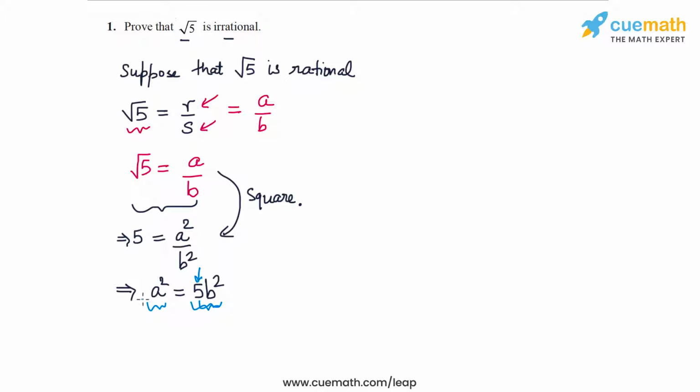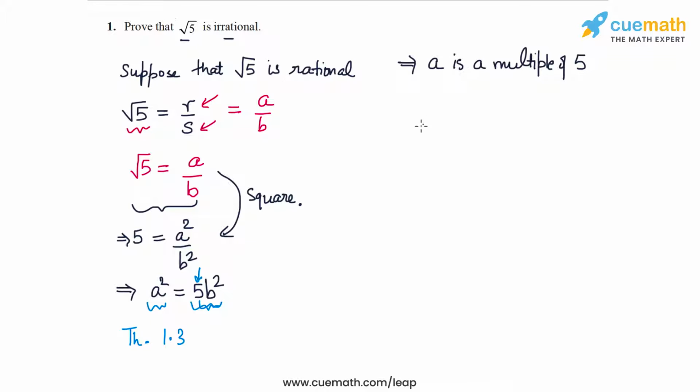The result I'm using here is theorem 1.3 from the NCERT textbook, which says that if p is a prime number which divides a square, then p must divide a as well. So in this case, because 5 divides a square, 5 must divide a as well. In other words, a is a multiple of 5. So the first conclusion we get is that a is a multiple of 5.